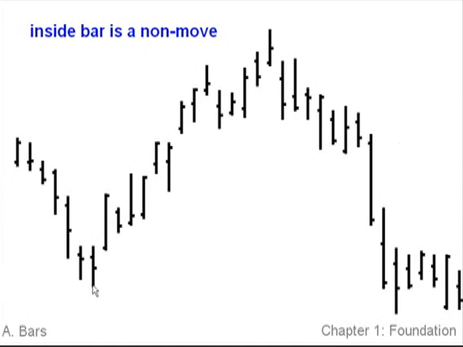Here the market has made an up move. Higher bar low, higher bar high. And then we get this inside bar. We will simply ignore it. Instead, we'll look at the following bar to see if it does have a higher low and a higher high compared to this bar, which is before the inside bar. If we do have that, and we do, the uptrend continues.